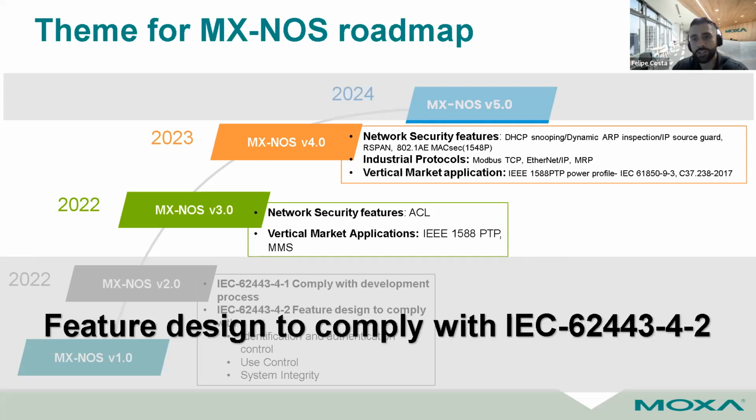Our message is that although 62443-4-2 is a great framework as a foundation for what is needed for a networking device, we are going beyond that, delivering in each new release more features that will help our customers keep building more resilient networking and stay protected against the most common types of attacks.